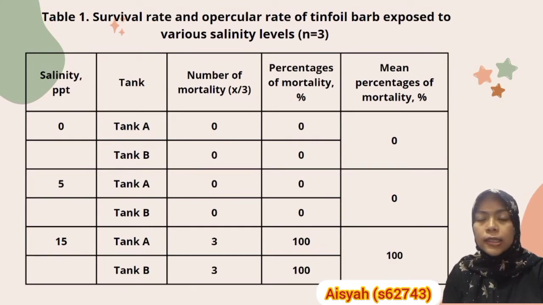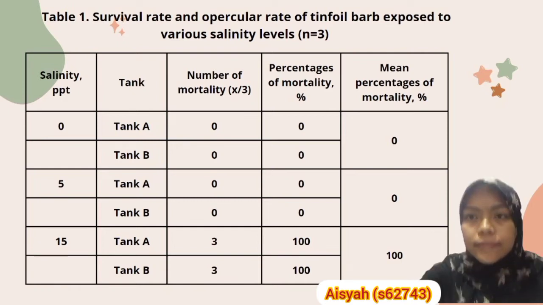For salinity 0, the mean percentage of mortality is 0%, which means that no mortality is present. Next, for 5 ppt of salinity, the result is the same as 0 ppt of salinity. For salinity 15 ppt, the mean is 100%, which means that all the fish died.